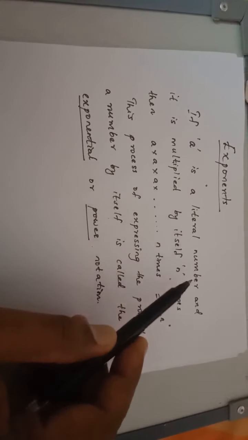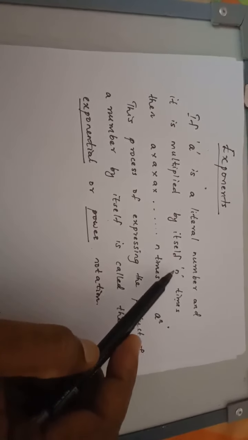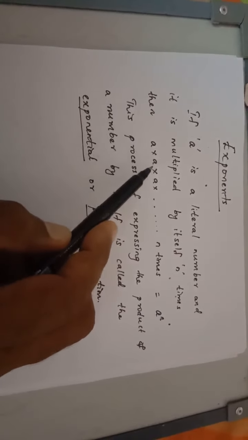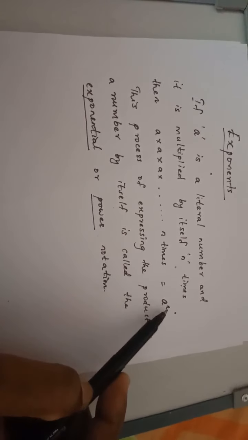In some contexts, the word index is also used for exponents. Now, if a is a literal number and it is multiplied by itself n times, n meaning the number of times, then a multiplied by a n times will be equal to a to the power n.